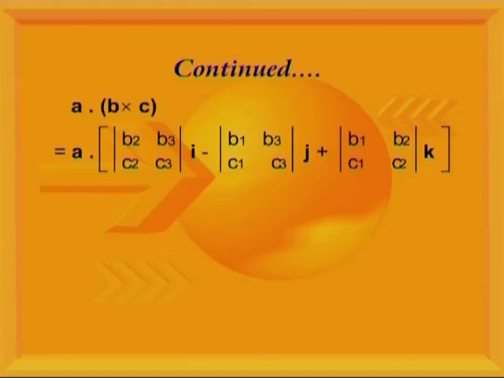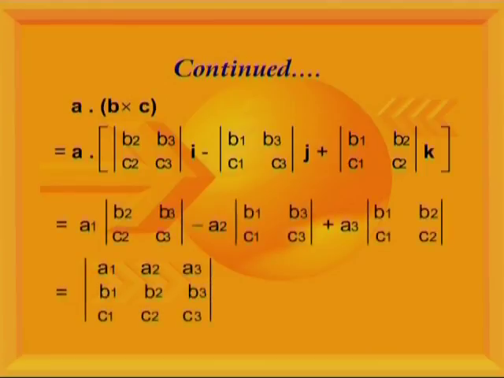So this will be a vector, and we are multiplying this vector by scalar multiplication, A dot this vector, and that is equal to A1 into determinant B2, B3, C2, C3 minus A2 into determinant B1, B3, C1, C3 plus A3 into determinant B1, B2, C1, C2, which is equal to the determinant whose first row is A1, A2, A3, second row B1, B2, B3, third row C1, C2, C3.